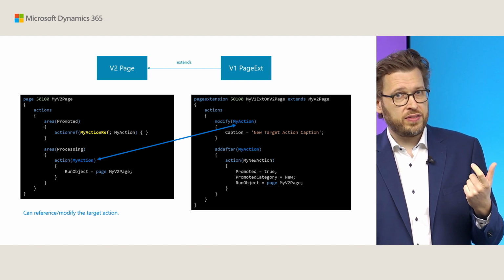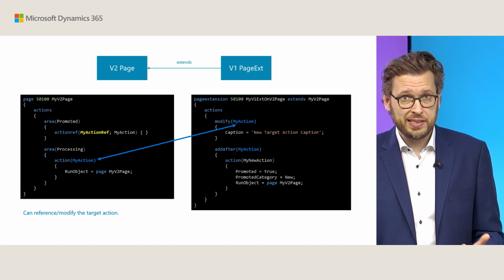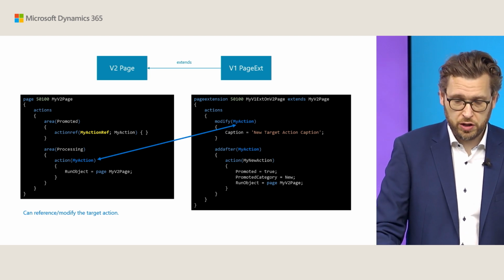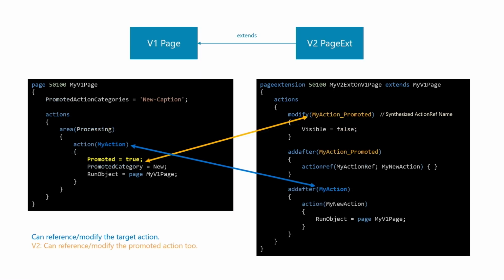Of course, you might not have the same capabilities when you are using the old model, but it will work. And likewise, even if the originating owner of the page that you extend has not converted to the new model, you can actually build page extensions on top of that in the new model.